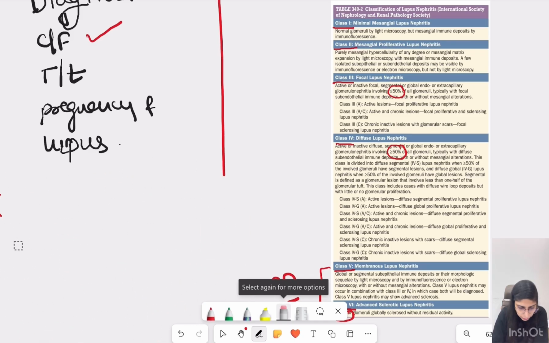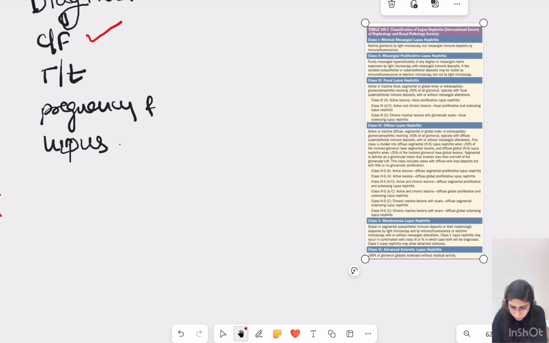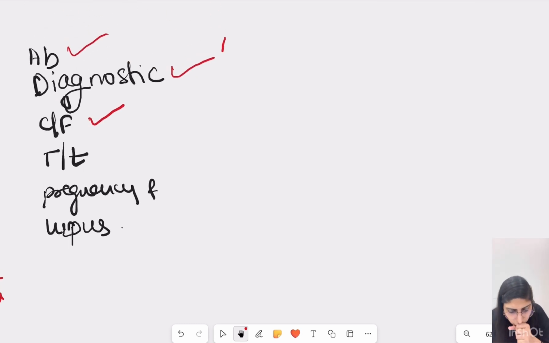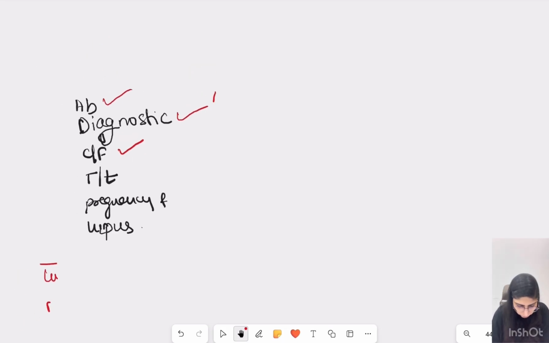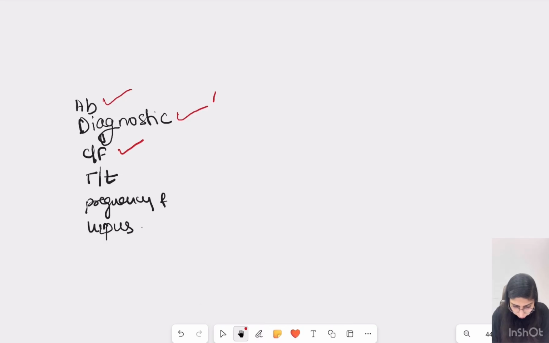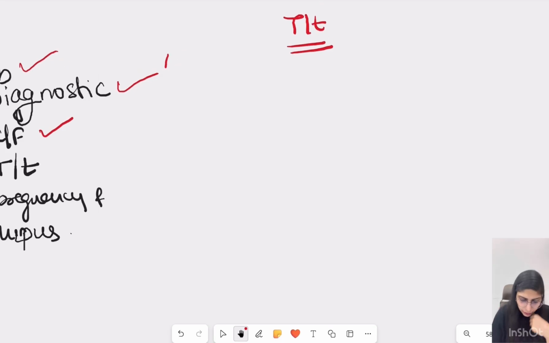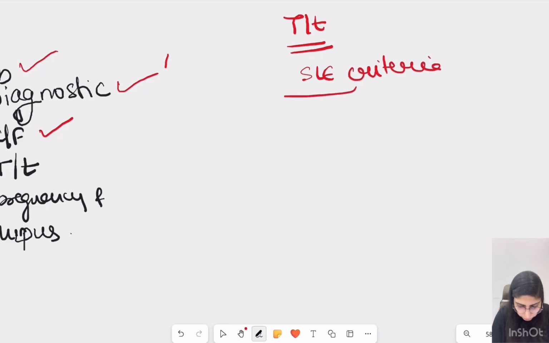Now let's move on to the treatment quickly. Moving on to the treatment part. Now, when we talk about treatment, first thing is whether the SLE patient's criteria are fulfilled or not.